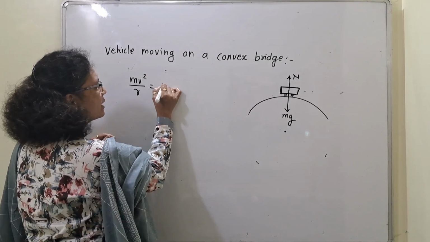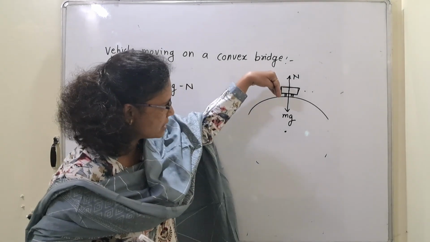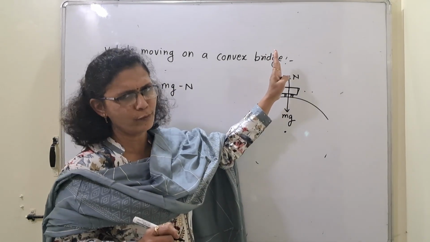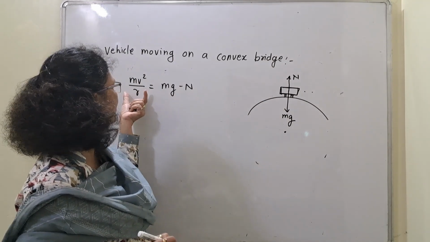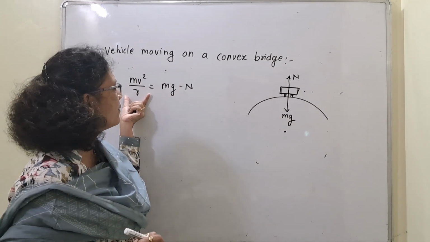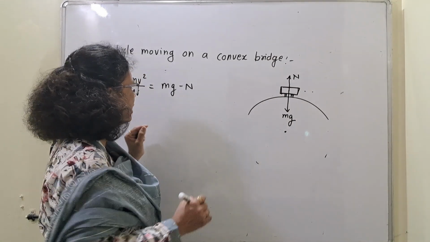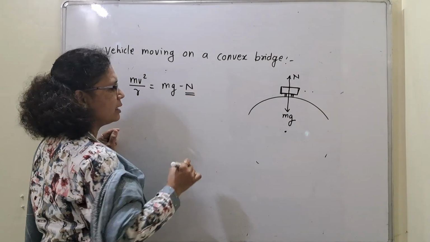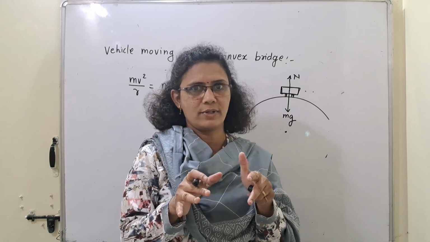What will be that? That will be mg minus N. Right, mg is in downward direction, normal is in upward direction. So the net force which is towards the center, it is the centripetal force mv square by r, and it is nothing but mg minus N.